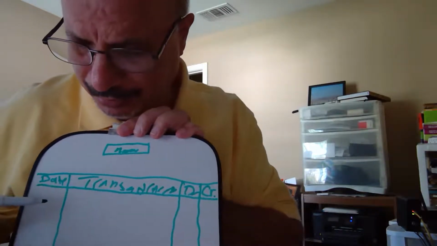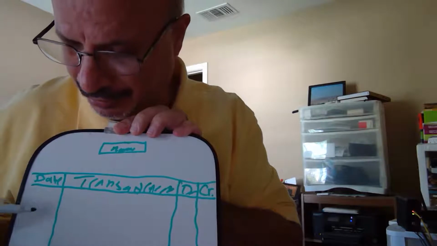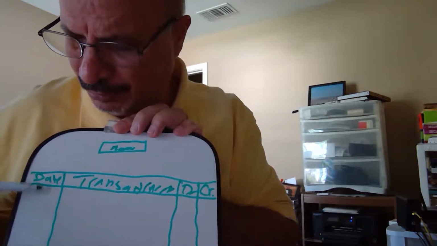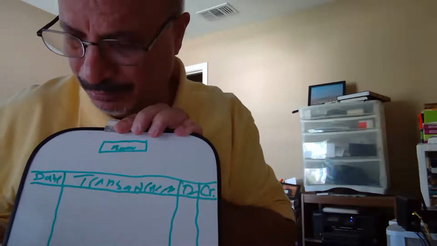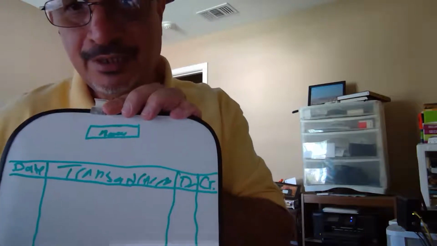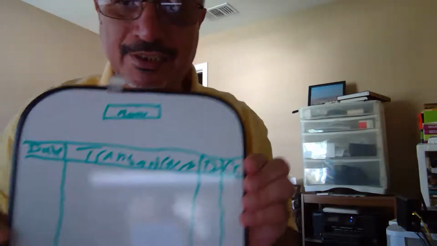Of course, it can be a lot fancier than this. Some people may put one column for the month and one column for the day, to make it look fancier. But that's the generic form.